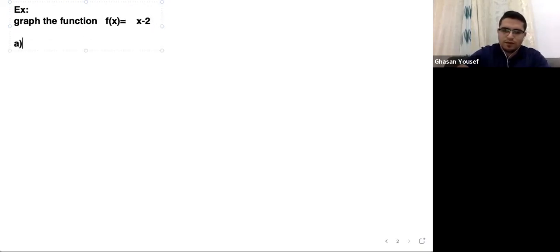And we have to, number one, find the equation of the inverse function f inverse. Second part is sketch the graph of f inverse.